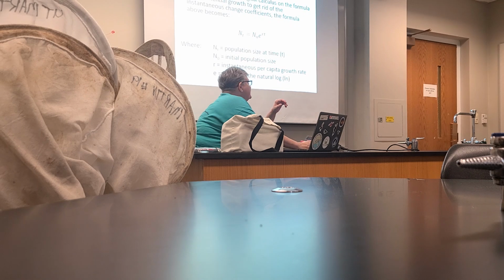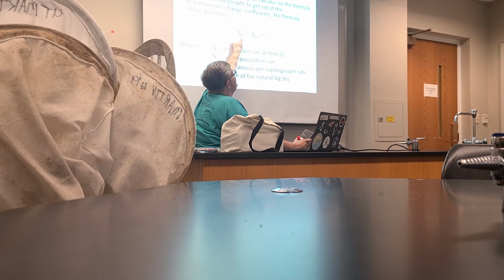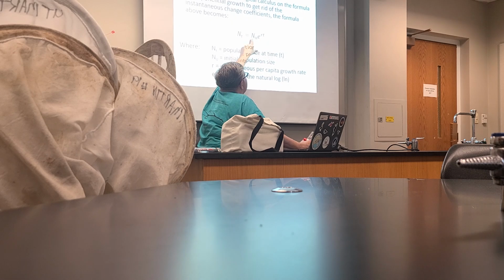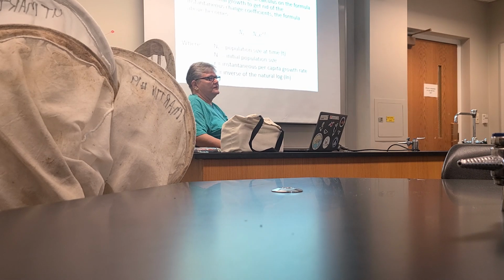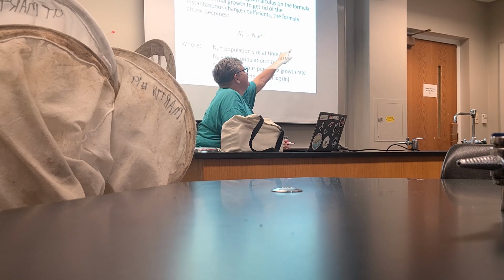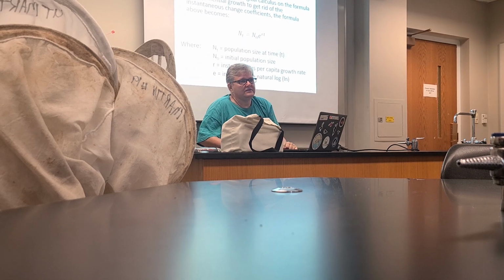When you're working with this formula, whatever time you have right here should match that time right there. These two numbers should be the same. If you're calculating the population size at 8 years, then this t up here is also 8 years.